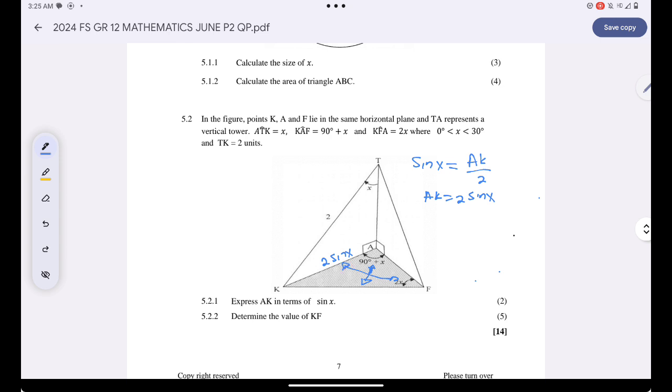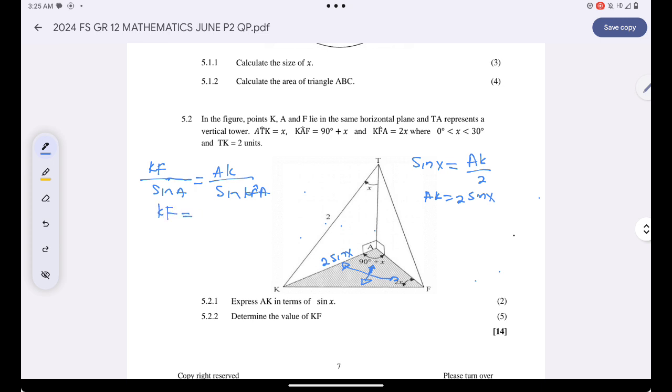So I can simply say KF over sine of 90 plus X. Okay, before writing 90 plus X, let me just write all over sine A, and then AK over sine KFA.